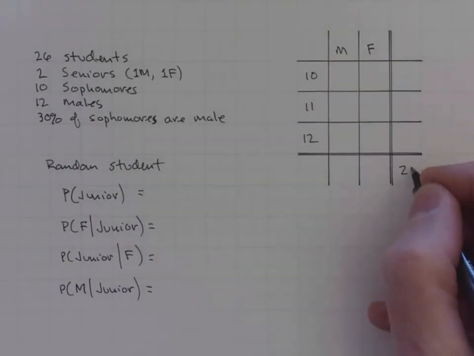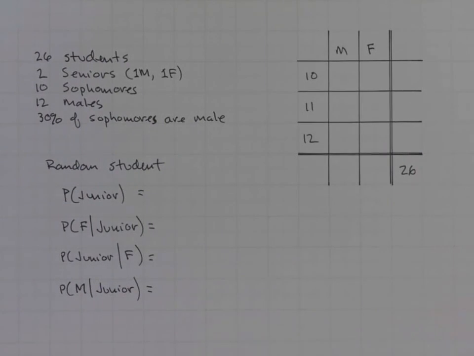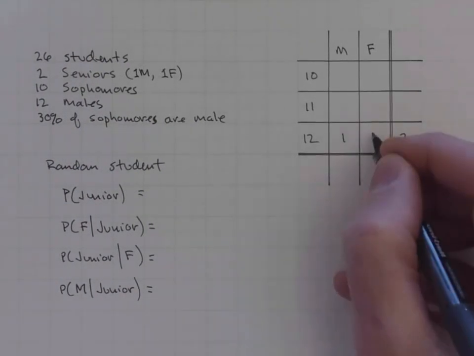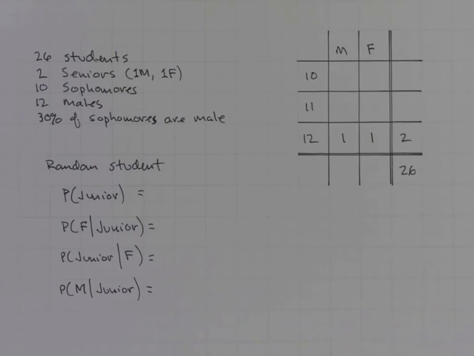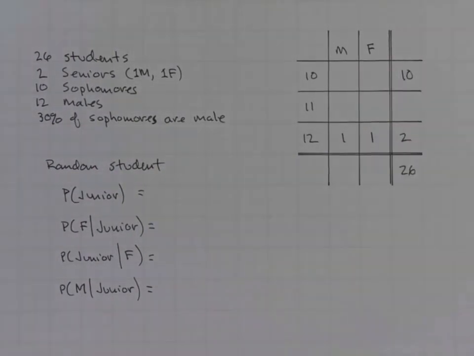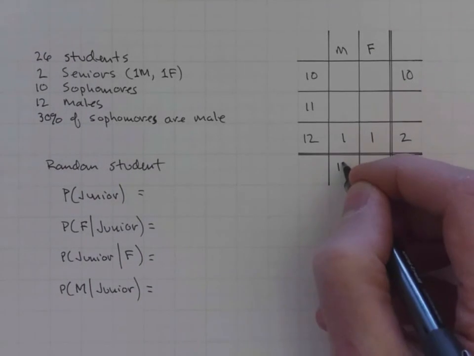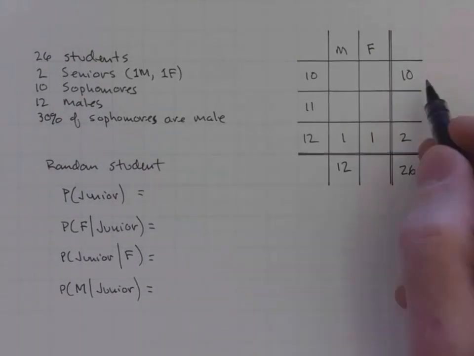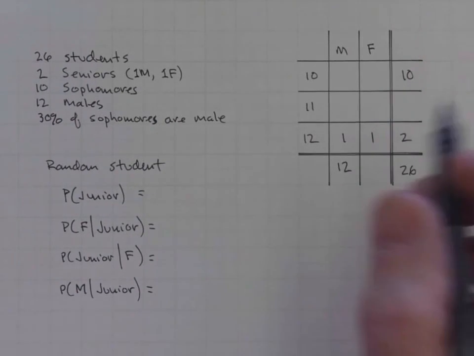Where there are 26 students altogether, we know that there are 2 seniors, one of whom is male and one of whom is female. We know that there are 10 sophomores. We know that there are 12 males. And we know that 30% of the sophomores are male. Well, there are 10 sophomores, and 30% of 10 is 3.